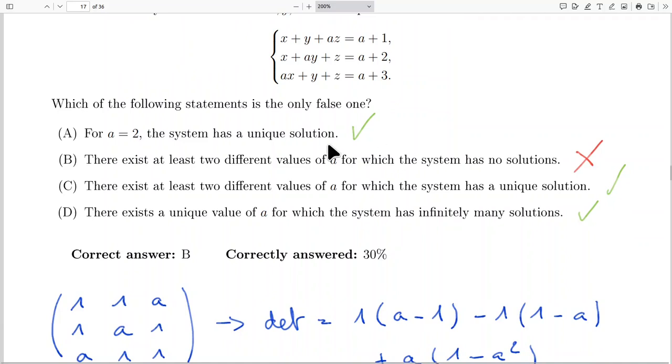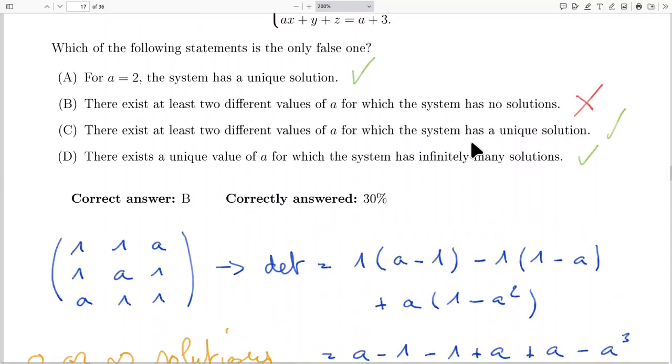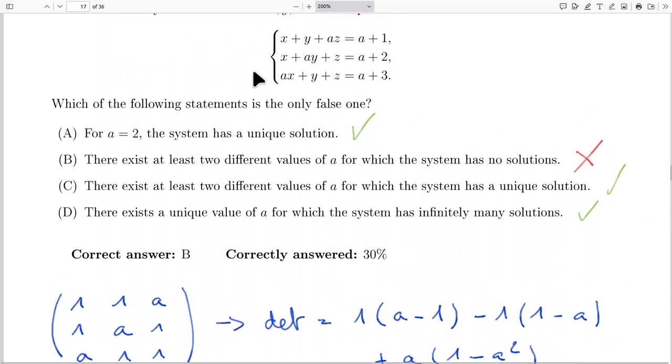So we can take the matrix and then the determinant of this system. The matrix will be 1, 1, a; 1, a, 1; and a, 1, 1.